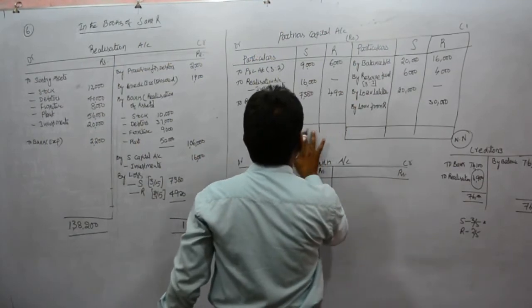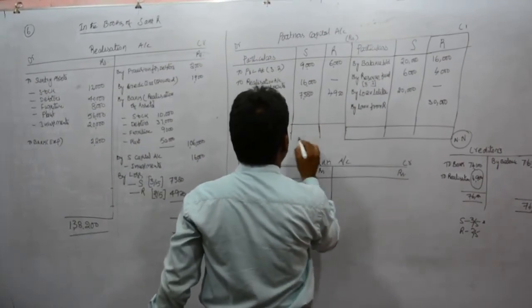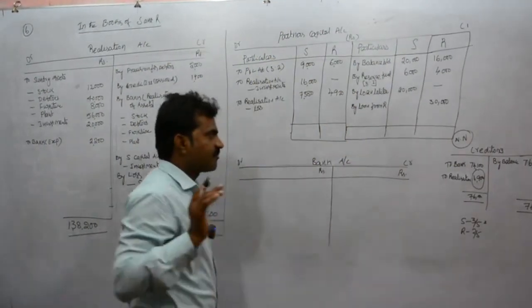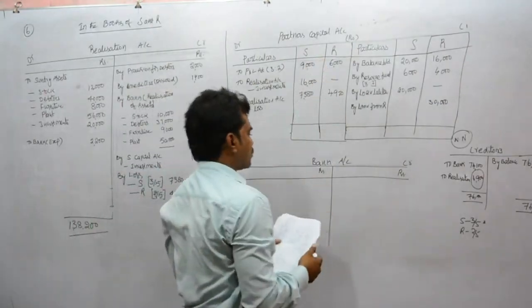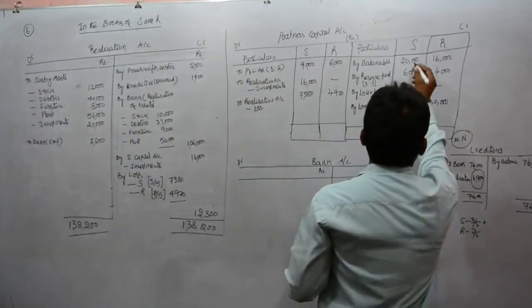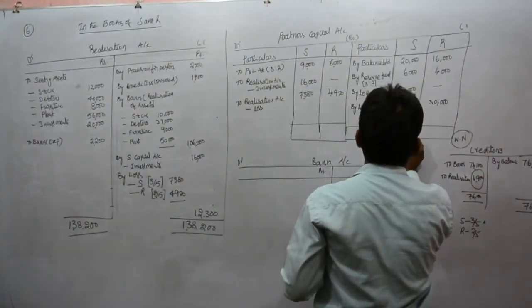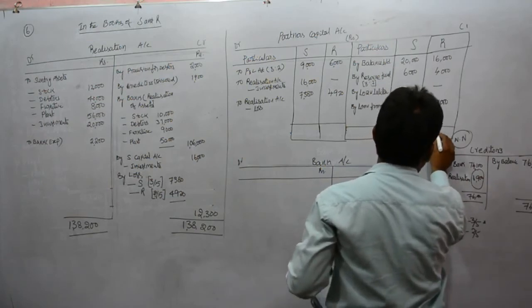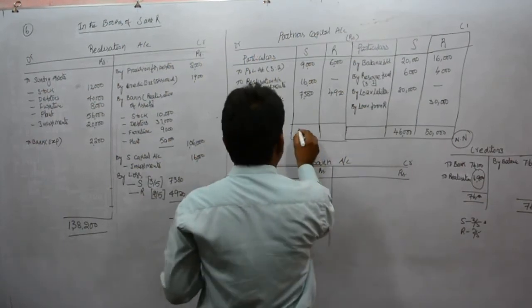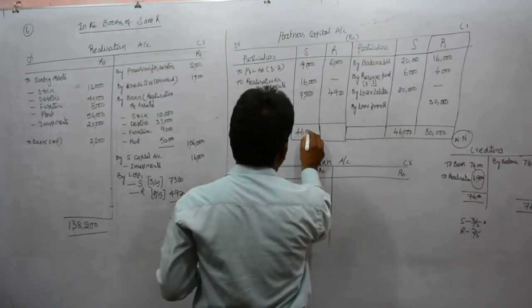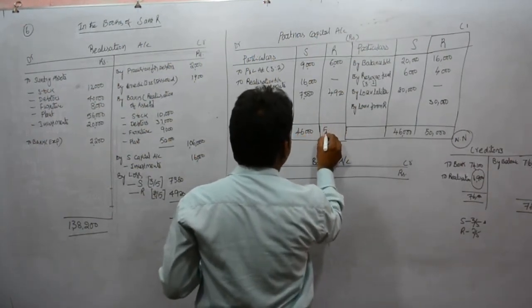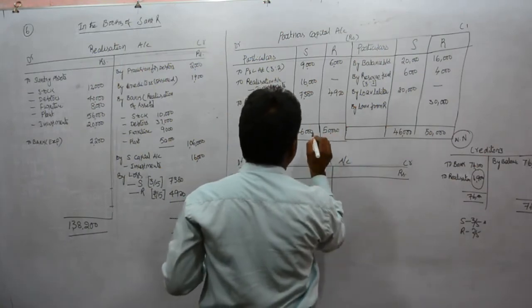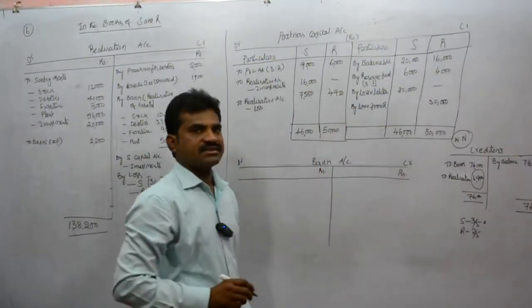Finally, we will settle them. Get the totals. This is 46,000 and here it is 50,000. The differences should be paid through the bank.